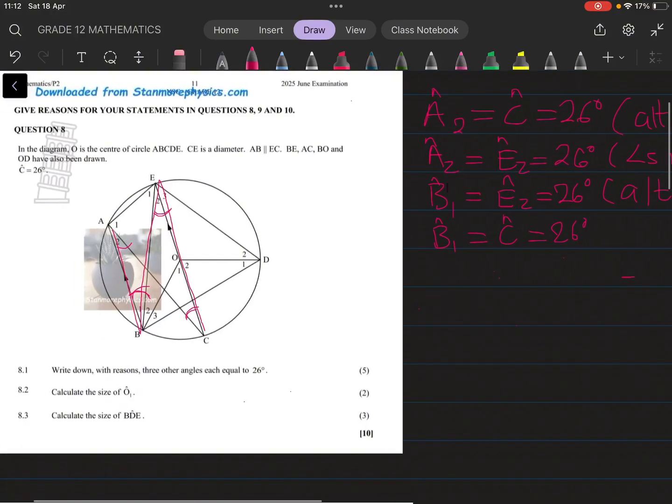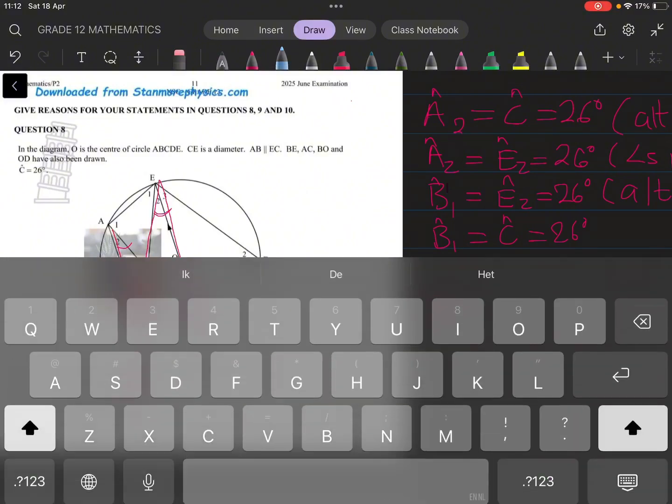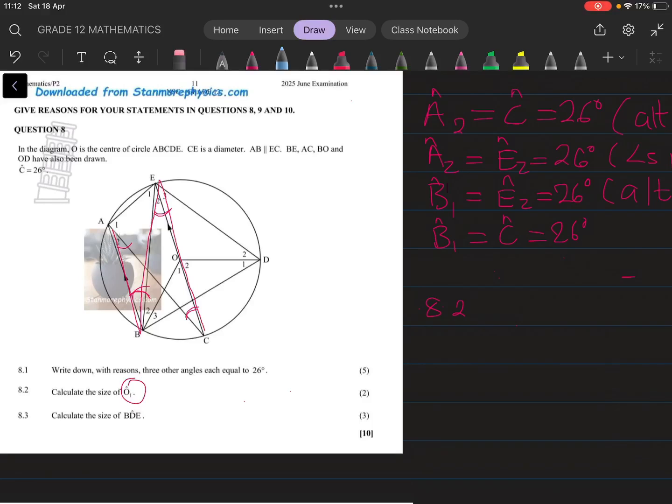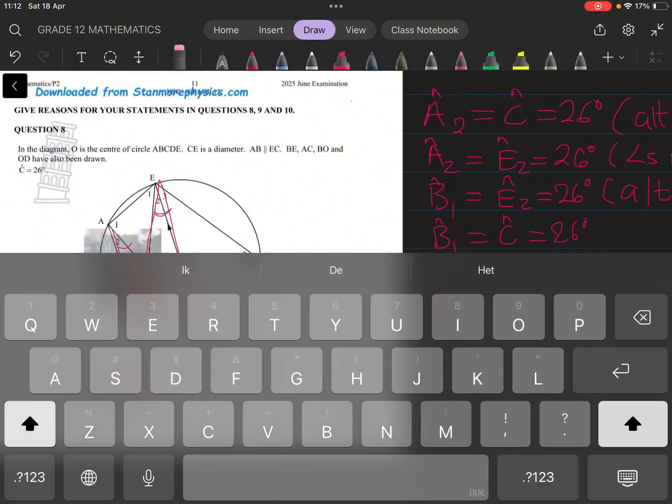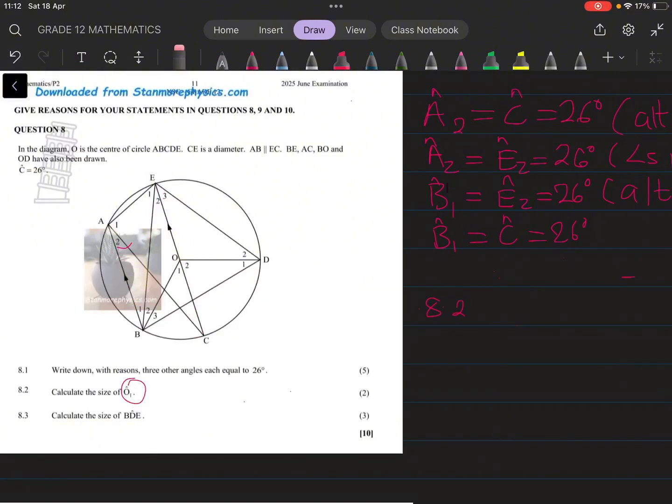And then now going to 8.2, calculate the size of O1. We want the size of O1. Now, let's look at it.